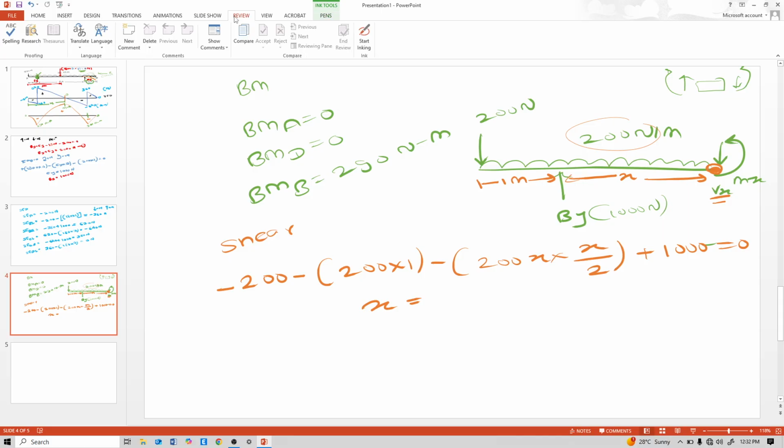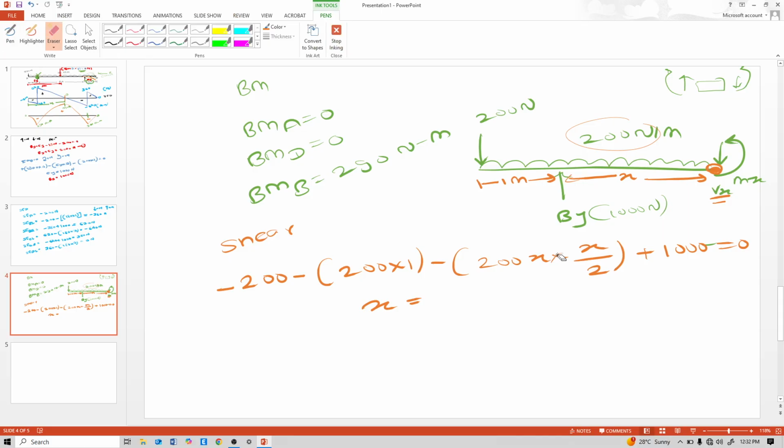See again, why do we consider this x by 2? This is not x by 2. So solve it that way: minus 200, minus 200 into x, plus 1000 equal to 0. So it is 3 meter.